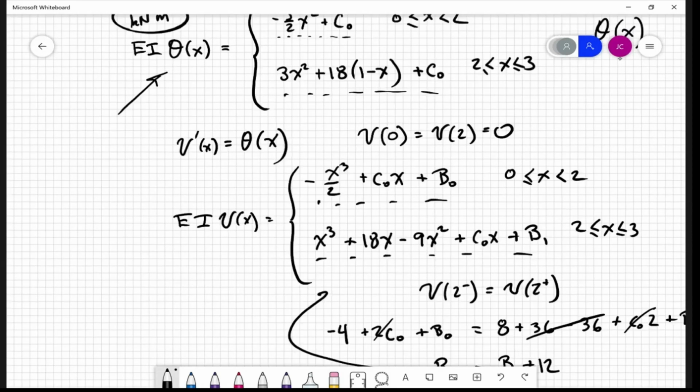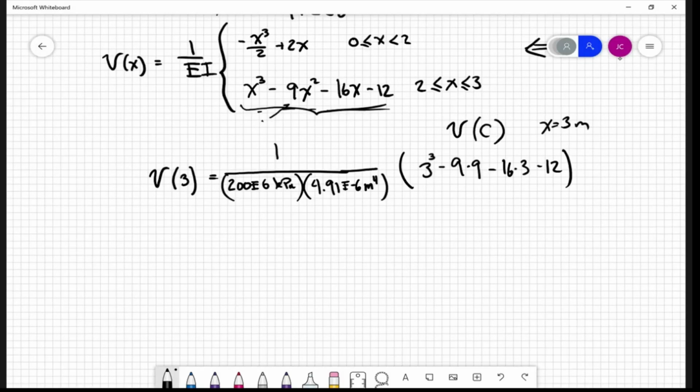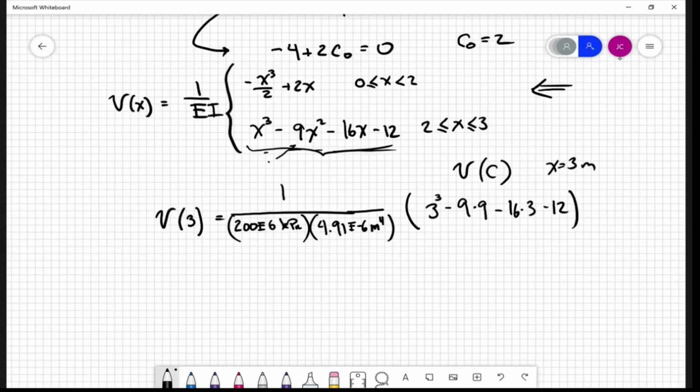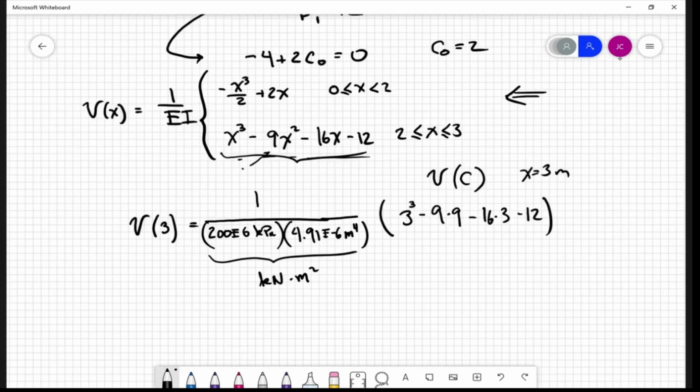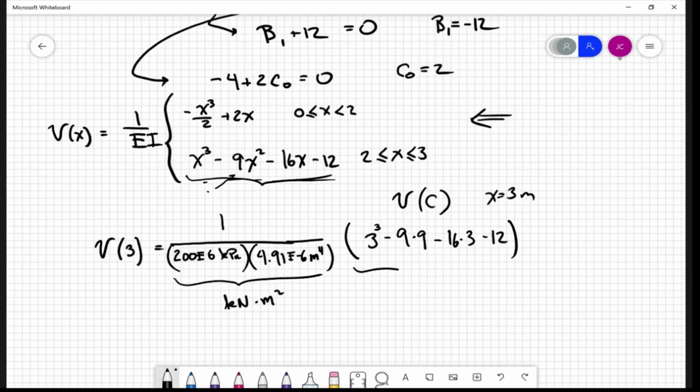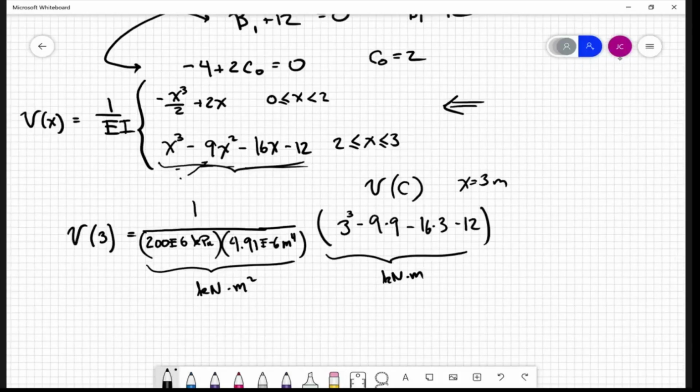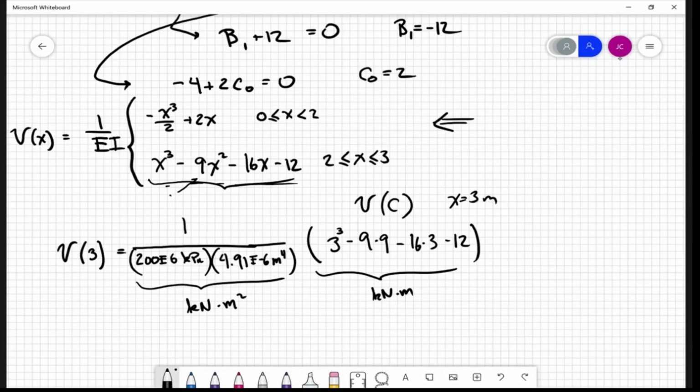And that's why I kept the kilonewtons downstairs here, kilopascals. So right, this has units of kilonewton meters squared. And so this is going to have units of kilonewton meters, right? So that's consistent. And then that's going to give you the deflection in meters, right? So, okay. So let's do the numbers.